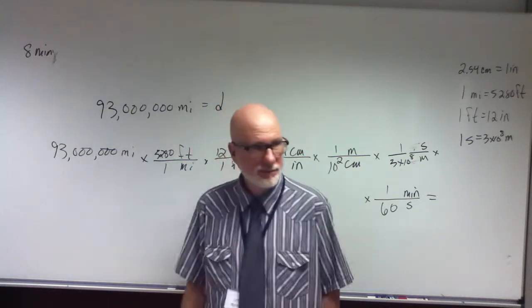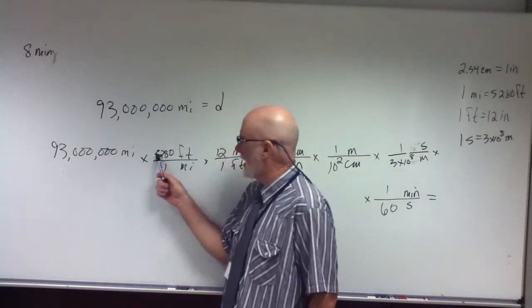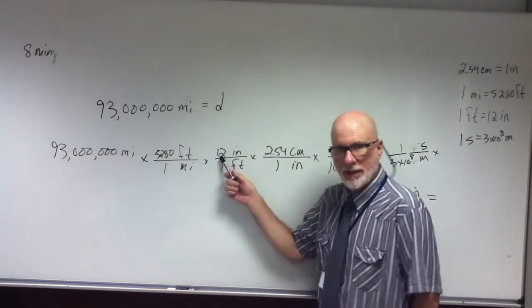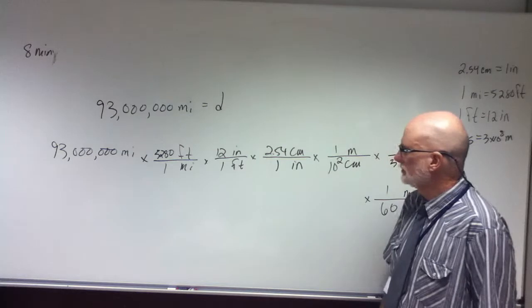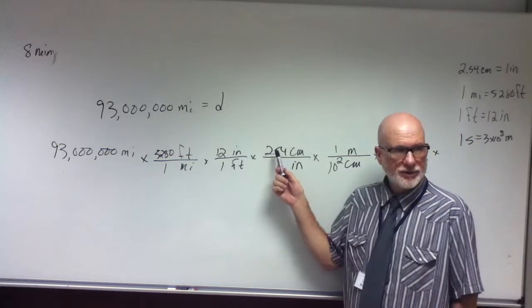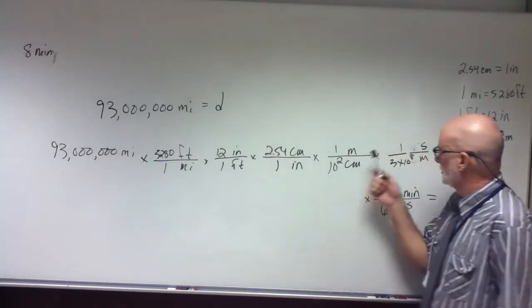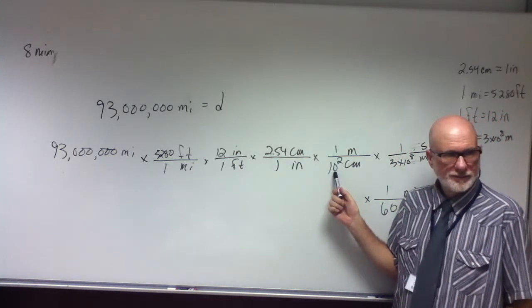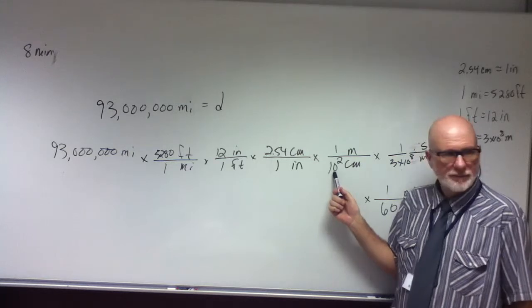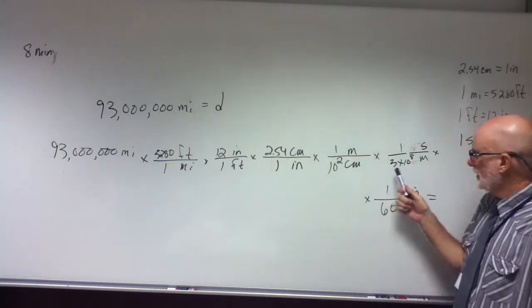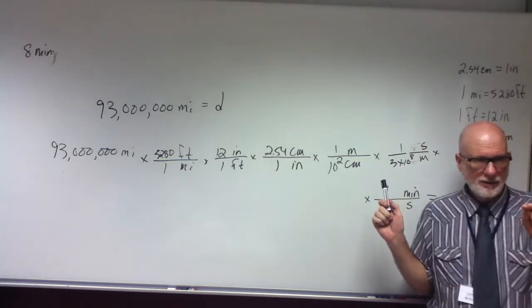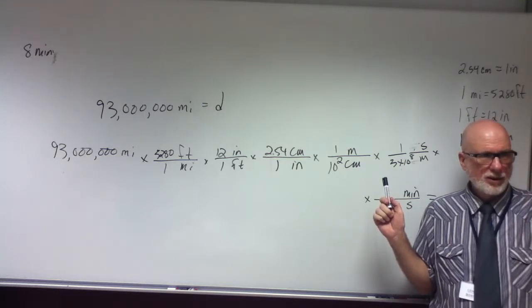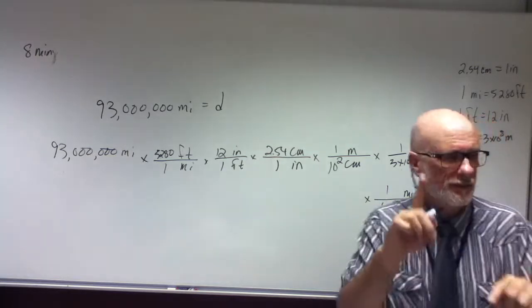9300000 times 5280 times 12 times 2.54 divided by 100 divided by 3, then the little blue EE button, excuse me.